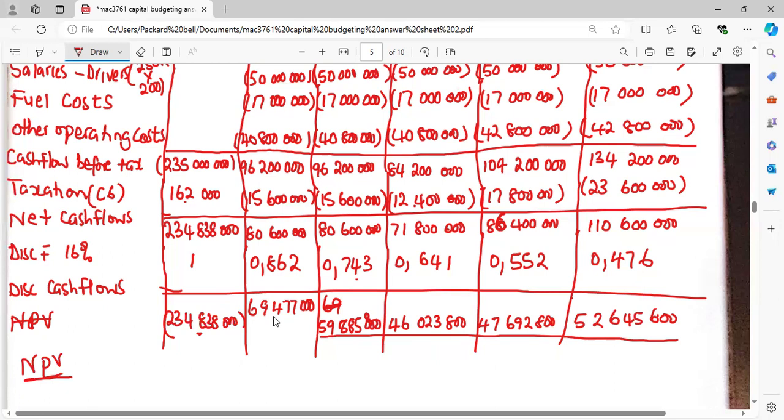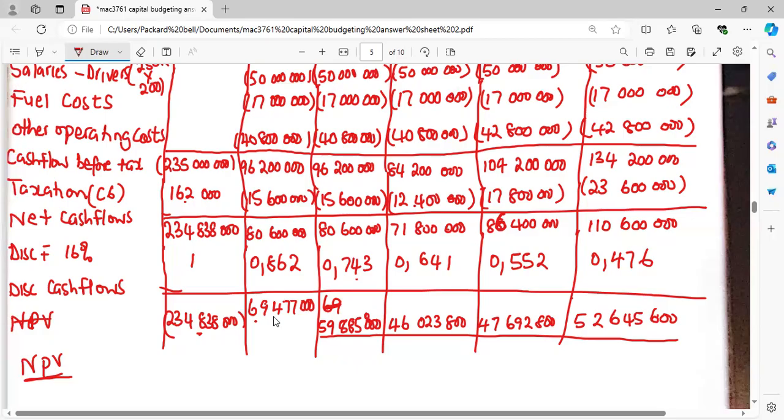So let's get the net present value. The first thing is to add the cash flows, the 1, 2, 3, 4, 5 cash flows. So let's have the total for the discounted cash flows. We add from year 1 until year 5. Those are the present values of the cash flows.